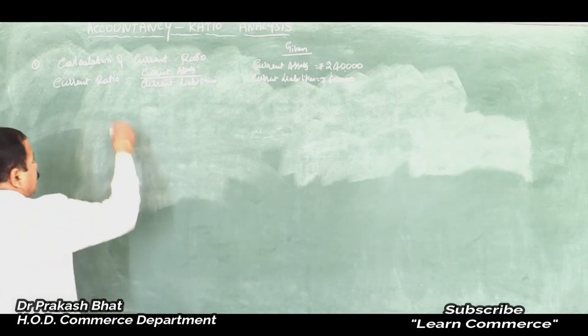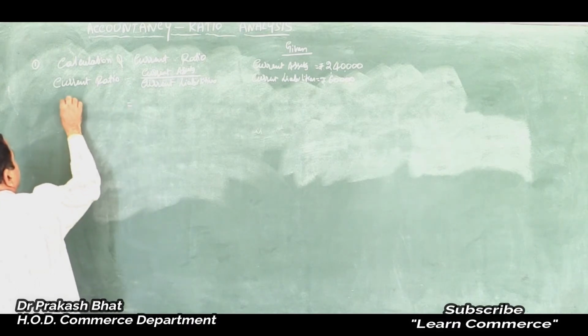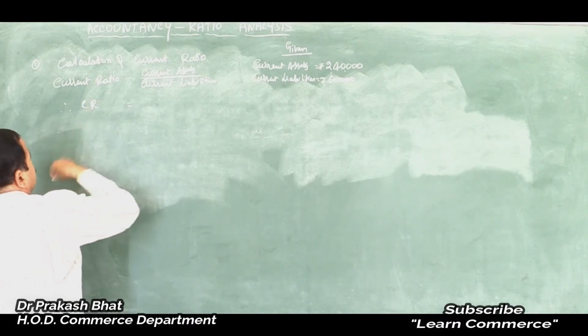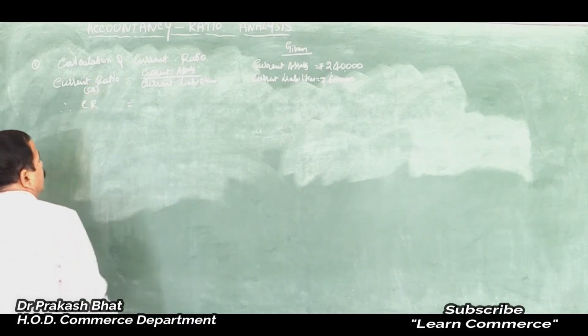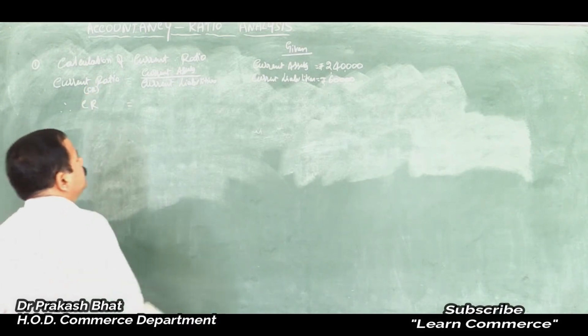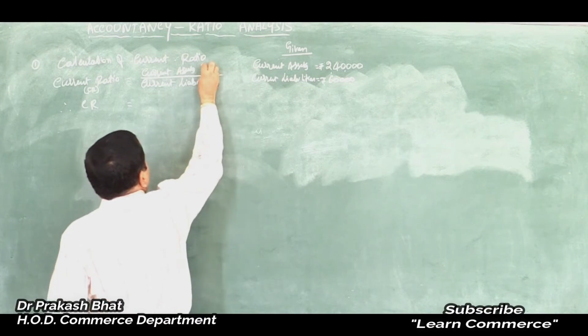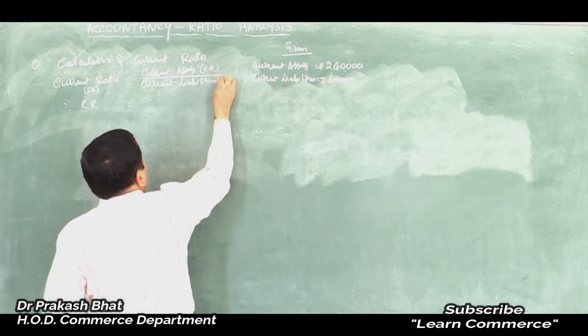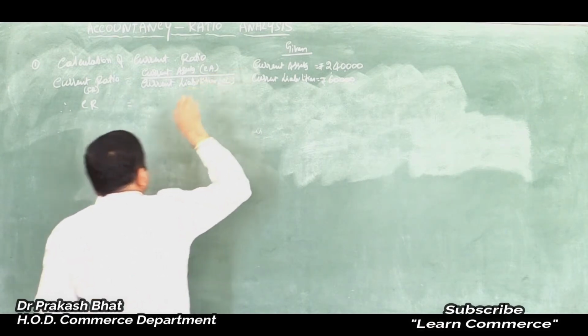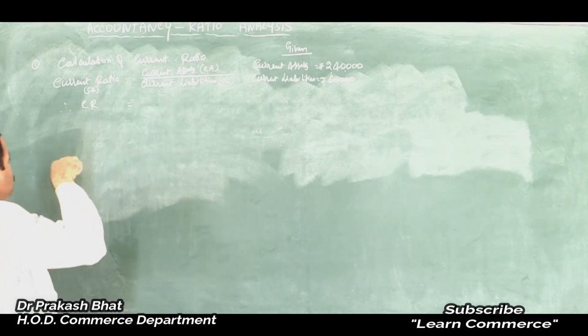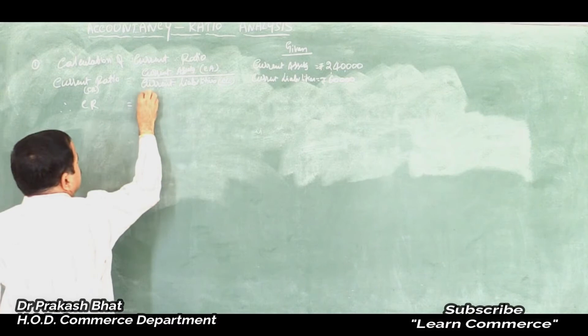Simply substitute the figures. Therefore, current ratio is equal to, you have to write here CR, and here CA, and here CL, so that you can use CA and CL further. So CR is equal to CA, how much?